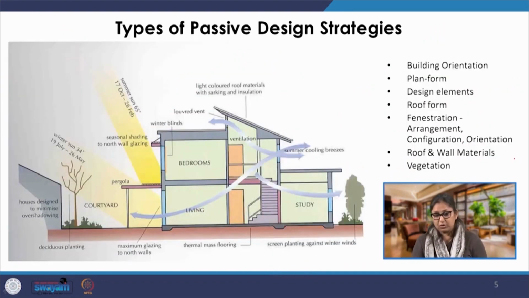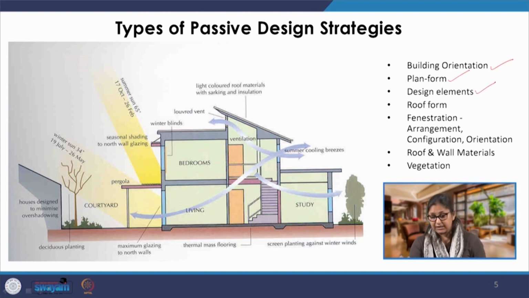Now, I am going to go over fast and quickly take you through different passive design strategies that can be employed in buildings, and they will vary. The strategies will vary for hot climates and cold climates, warm climates and cold climates, but the strategies are clubbed under building orientation, plan form.